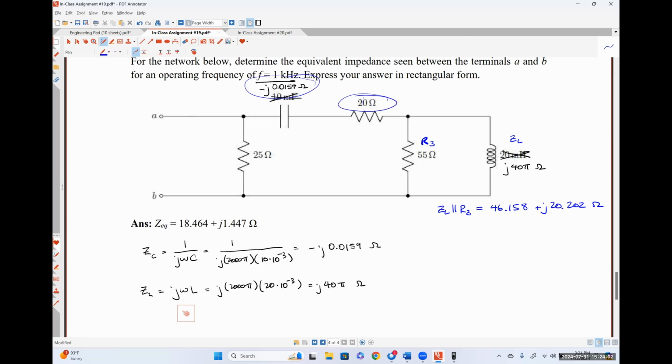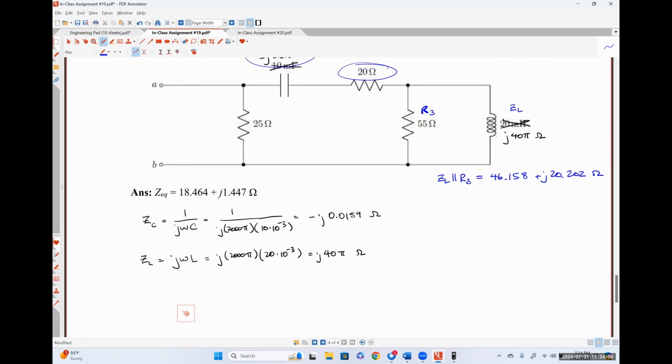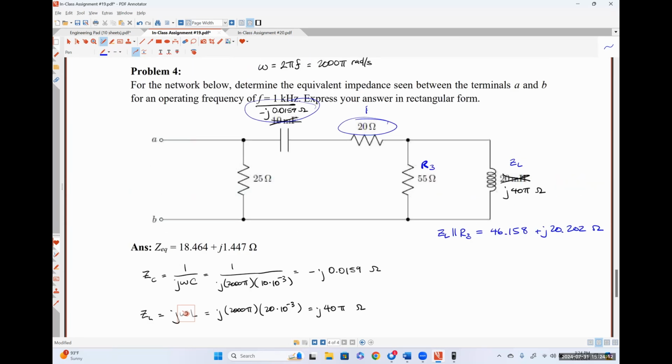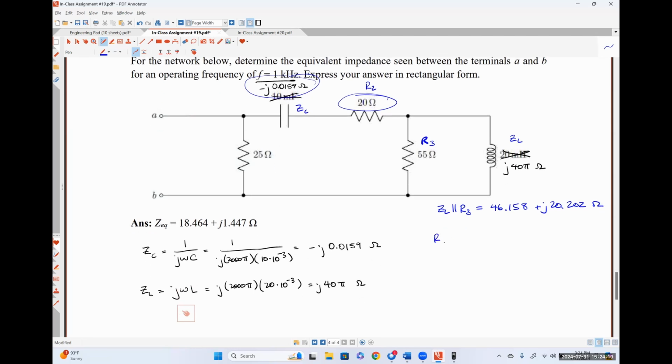So that's just going to look like 20 plus what I have stored in my calculator as X. If we call this R2 and this ZC, we have R2 plus ZC plus the parallel combination of ZL in parallel with R3, which looks like 66.158 plus j 20.186 ohms. And now what would I do?